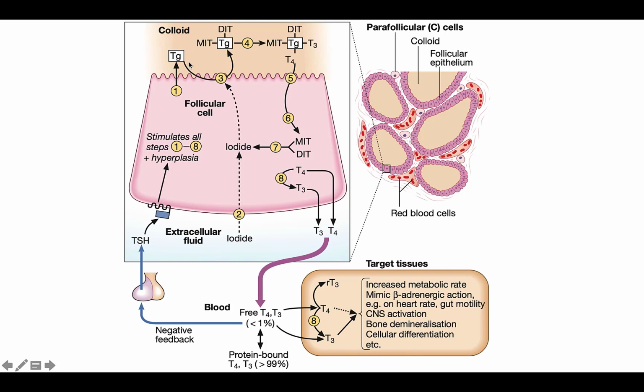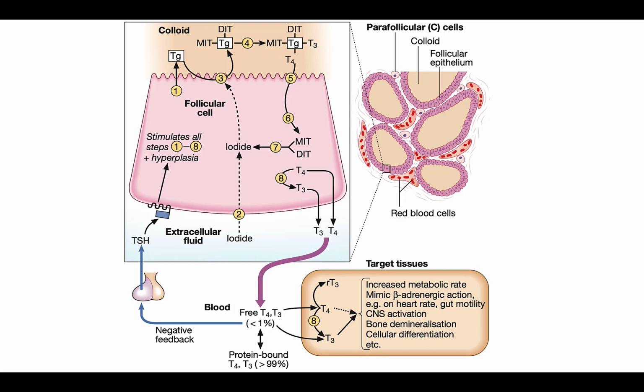First thing we have the thyroglobulin, which is a protein synthesized by the follicular cell and secreted to the colloid. And then iodine will bind to tyrosine, so either we have monoiodotyrosine or diiodotyrosine. These bind together, forming either T3 or T4, thyroxine.